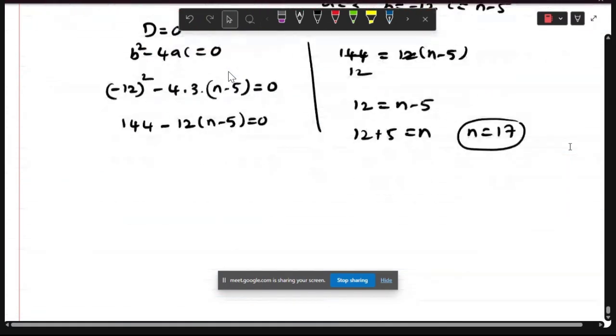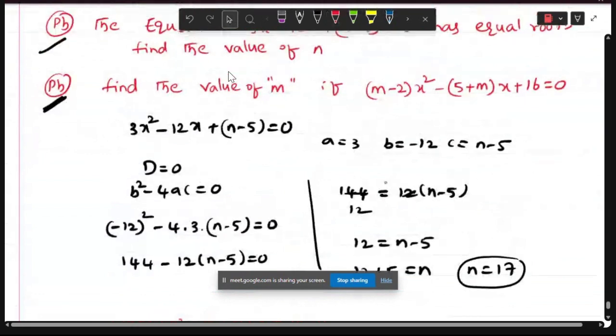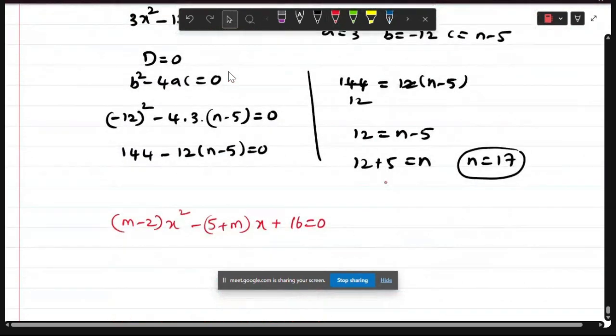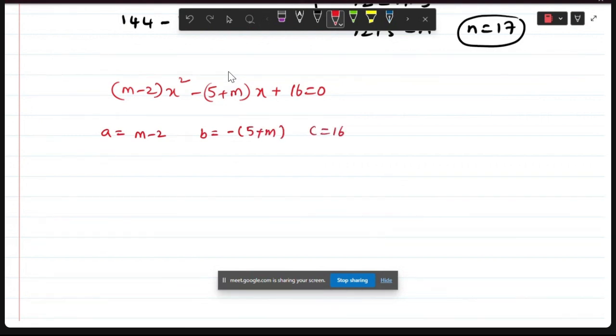Yes sir, I'll see what I did. The question is (m minus 2) whole square into x square minus (5 plus m) into x plus 16 is equal to 0. Equal roots, ma. So what is the value? a is equal to m minus 2, b is equal to minus of 5 plus m, and c is equal to 16. So therefore b square minus 4ac is equal to 0.